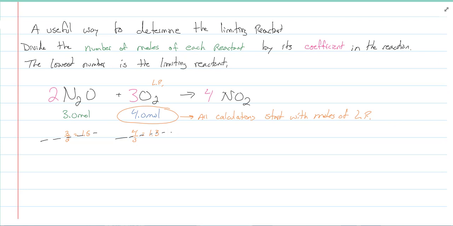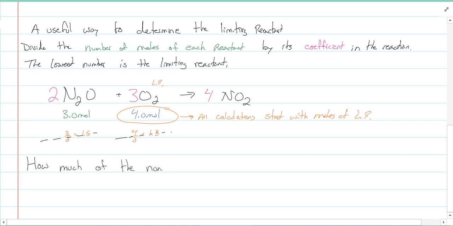Another question that's commonly asked in these problems is how much of the non-limiting reactant remains at the end. The reason they ask you this is because they ask how much N2O remains at the end.